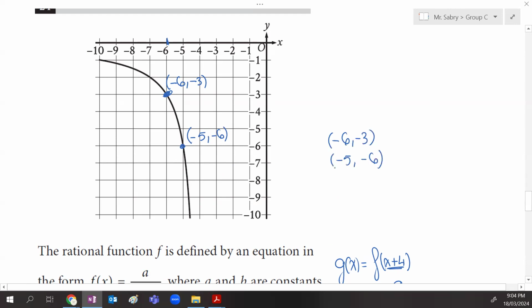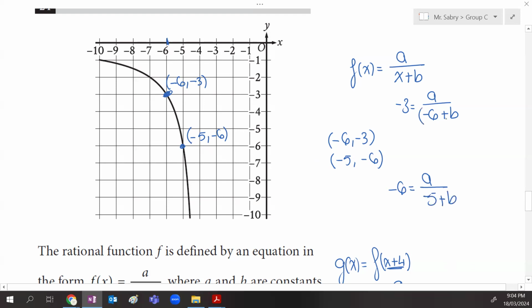I'll use those and substitute into the function called f of x, which should equal a over x plus b. I'll remove the x and put -6, and replace the y with -3. So I'll write -3 equals a over -6 plus b. Same thing for the other point: I'll put -6 equals a over -5 plus b.